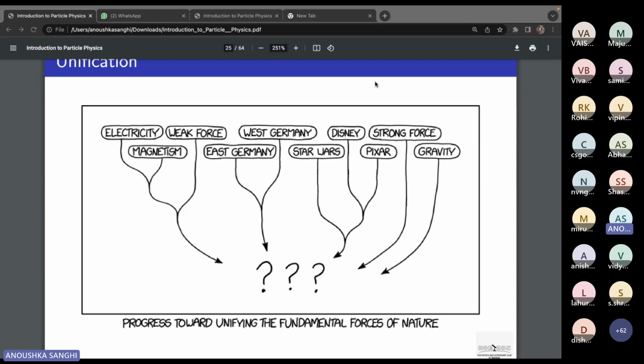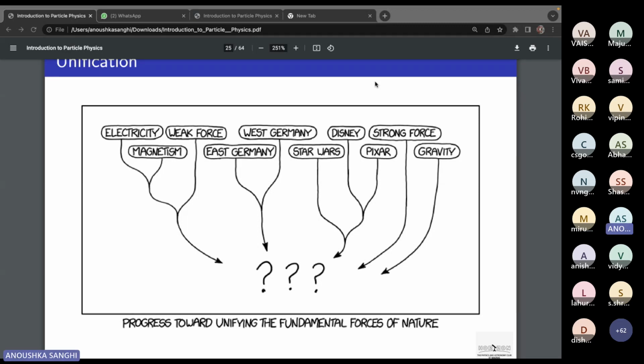Yes, there is one grand unified theory, one model, which talks about the unification of all kinds of forces. It's predicted that we can unify, but again, we cannot say that it's 100% valid.